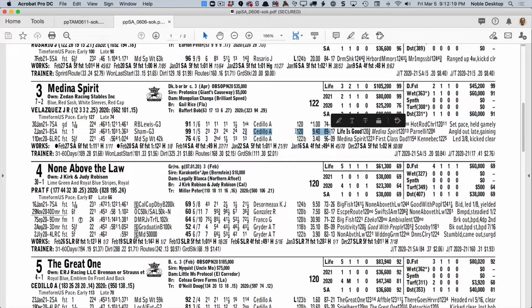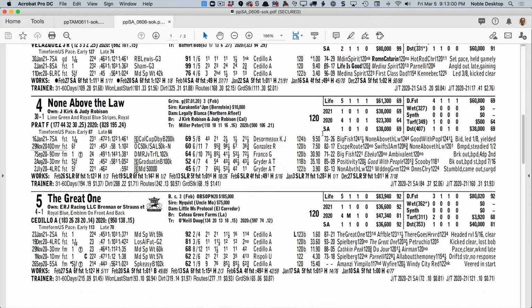Perhaps his best race, even though he only got a 91 Beyer figure, was his last race, where he was battling on the front end the entire way, still hung on, won by a neck, and galloped out better than all the other horses. He was really battle tested in that race, and I'm pretty impressed. The difference between him and Life is Good is that he almost beat Life is Good, then a month later ran another great race, while Life is Good has been off for 2 months. So you have to give this horse a serious shot at beating Life is Good.